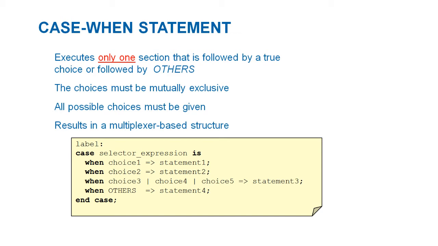If we have choice 1 being the value of the selection expression, then the statement following choice 1 will be executed. And then we can always implement our choices or our selection expression to give different results that we have knowledge of.